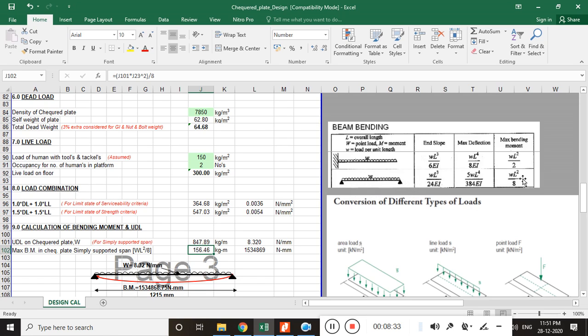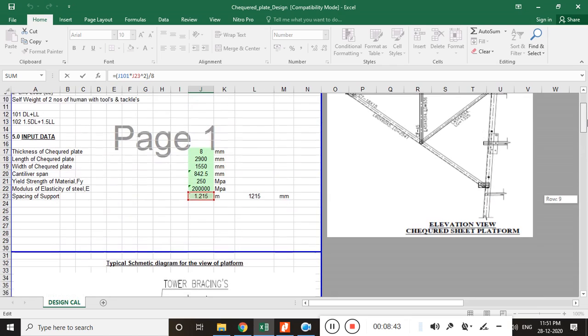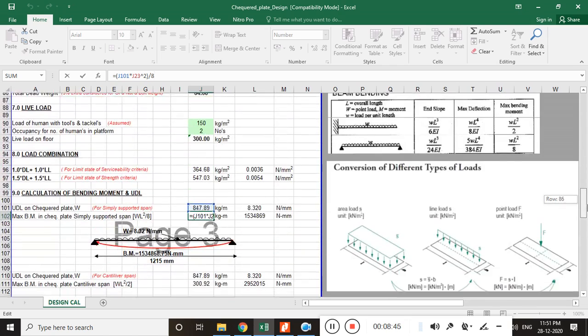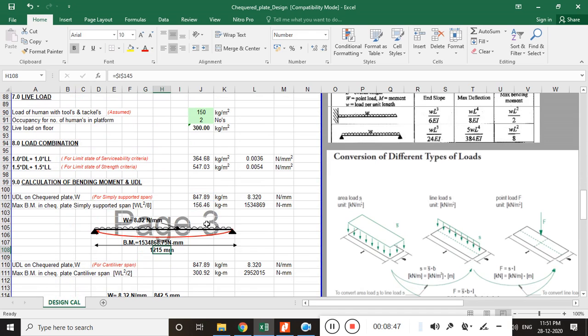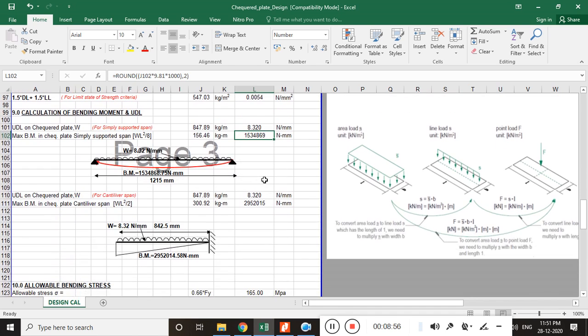So in W into L square, L is the span length, 1.215. According to this, the maximum bending moment has been calculated, which is coming in Newton per mm.